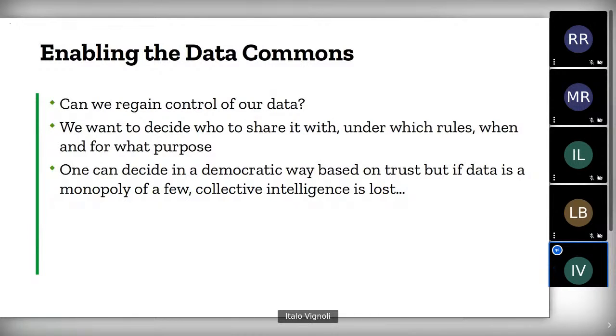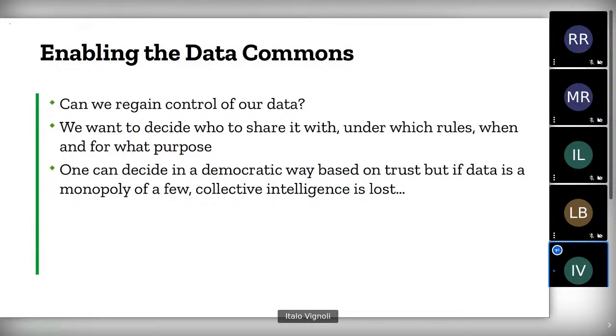Yes, we have the tools, but these tools are not used a lot. They are not used uniformly in Europe. They are not used in every country. They are not used in every geography. And even within countries, there are big differences between regions, provinces, Länder, or whatever you call them.